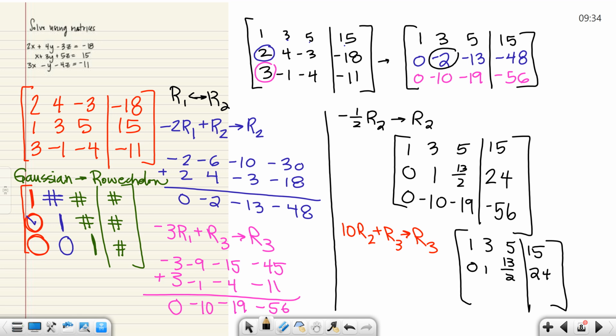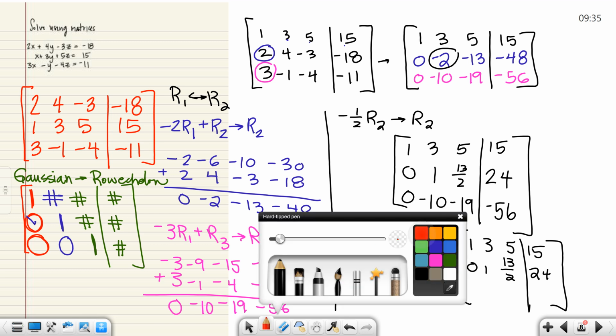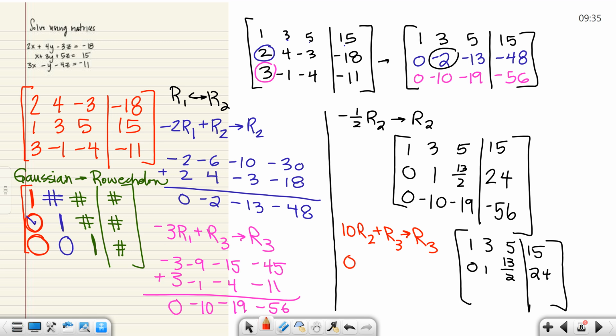Okay, and I need a new row 3. So I'm going to multiply row 2 by 10. I'm going to double check my numbers. So 10 times that would be 130 over 2, which is 65.